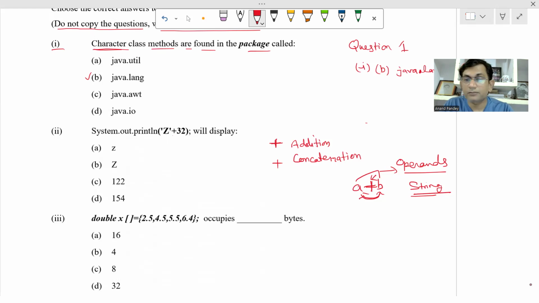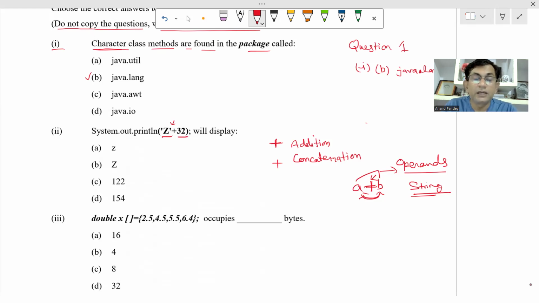Remember this. Here, see, z is written in single quotes, so it's not a string, it is a character. 32 is an integer, so here this operator will work as an addition operator. So what will be added?